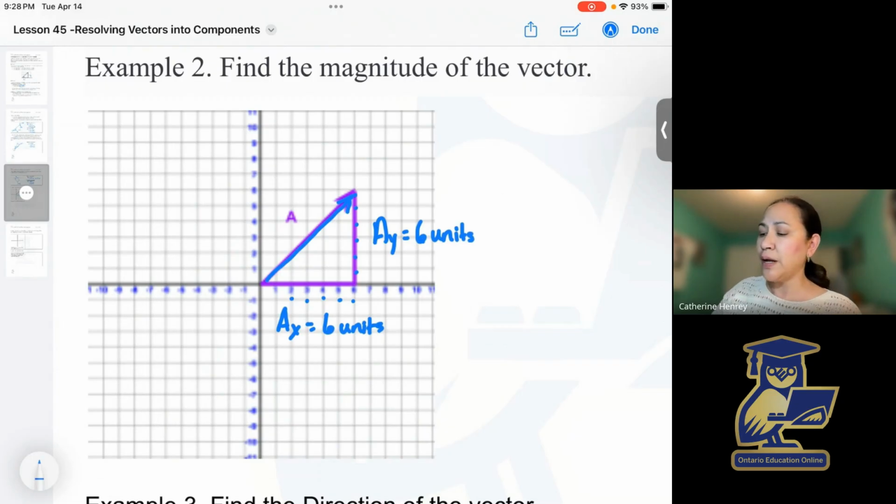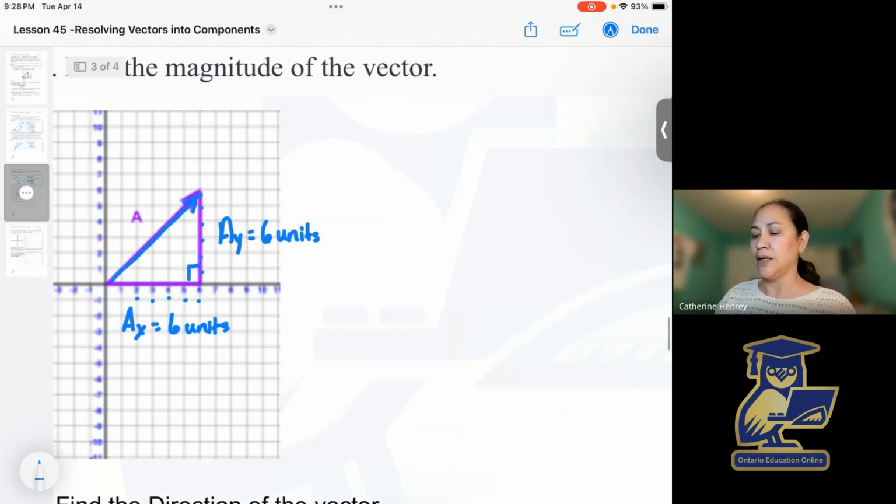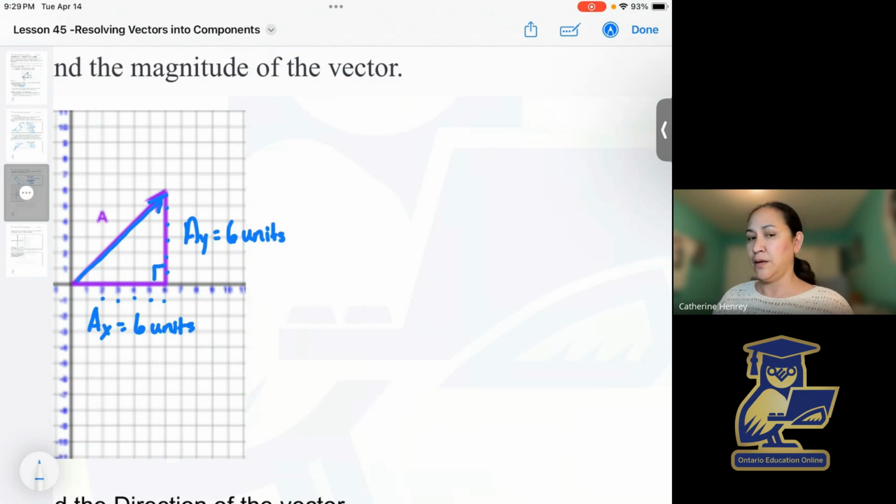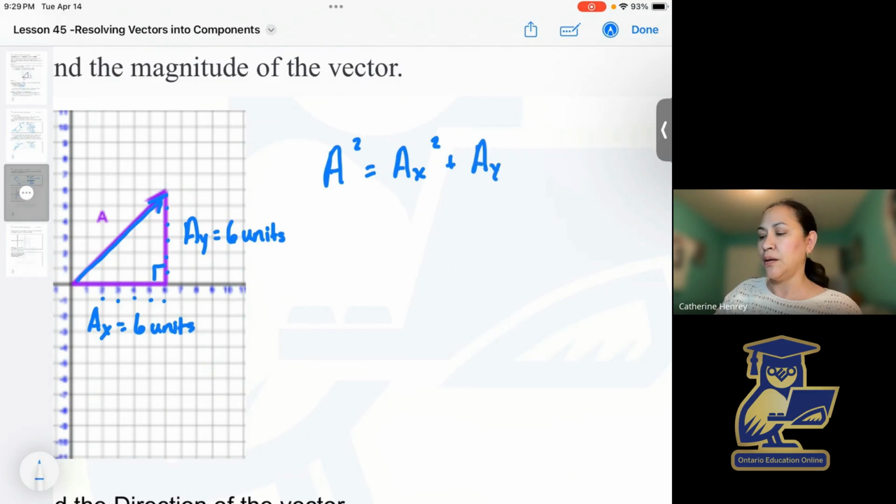Well, again, we have a right angle triangle. And how are all the sides of a right angle triangle related to each other? Well, they are related by Pythagoras. So writing out the Pythagorean formula with these variables, I would get something like A squared is equal to AX squared plus AY squared.